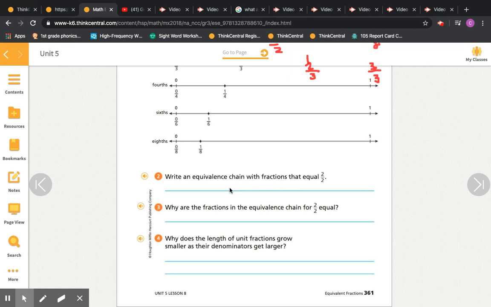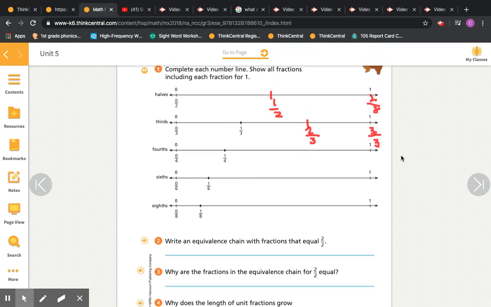Question number 2 is asking you to write an equivalence chain with fractions that equal 2/2. Okay, so what you need to do is find all the fractions that are located at the same point as 2/2, right? Which are going to be the ones here.